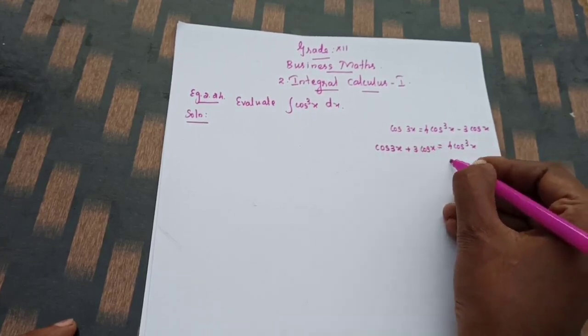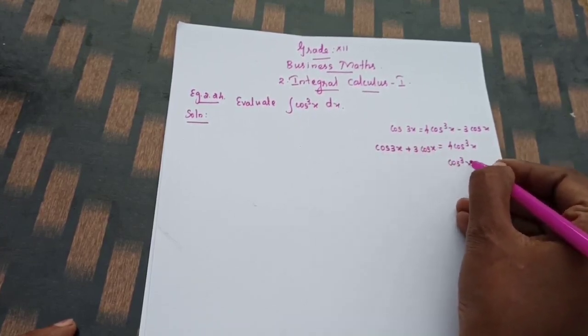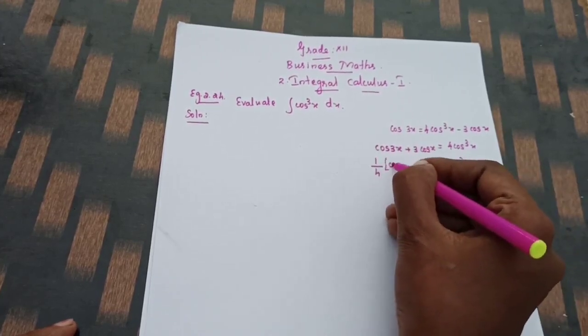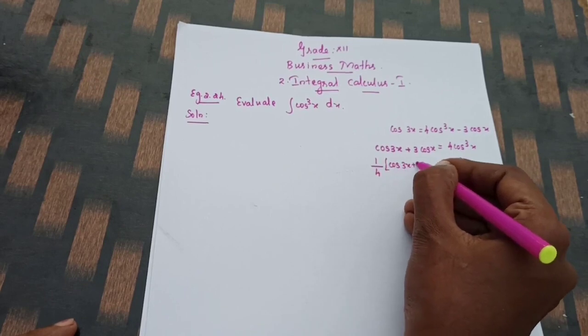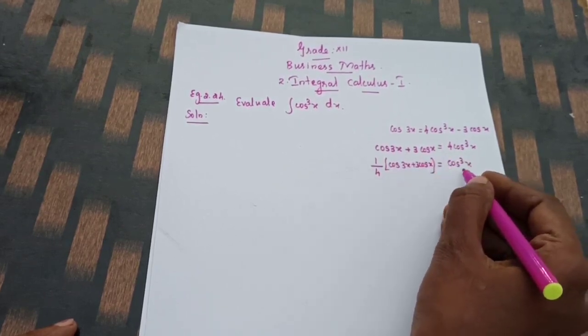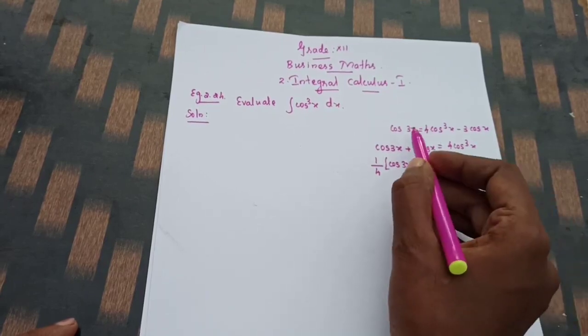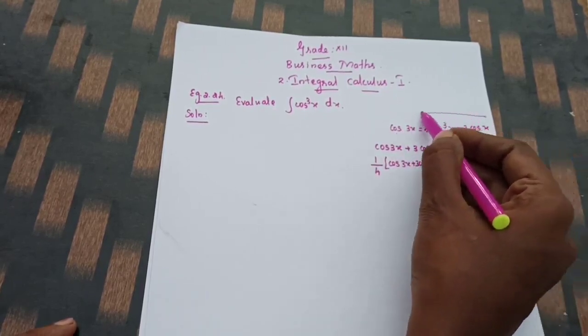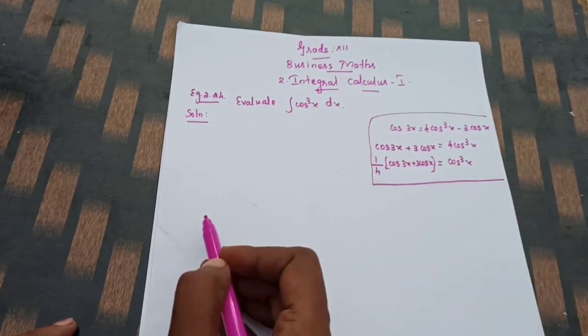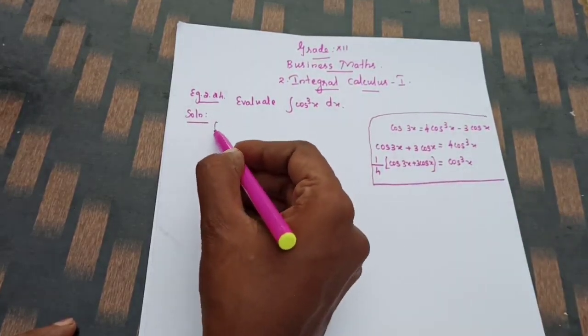If we need the cos cube x value, what will you do? Multiply by 1 by 4. So 1 by 4 into cos 3x plus 3 cos x you will get. Now, you got the formula for cos cube x? From the cos 3x formula, I have found the cos cube x formula. Now you can evaluate here.